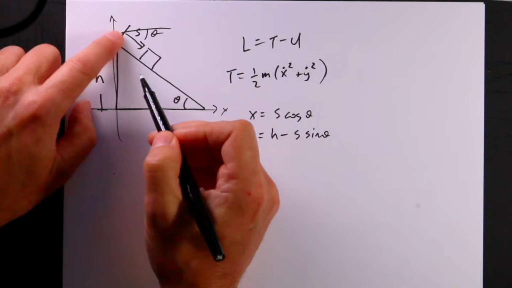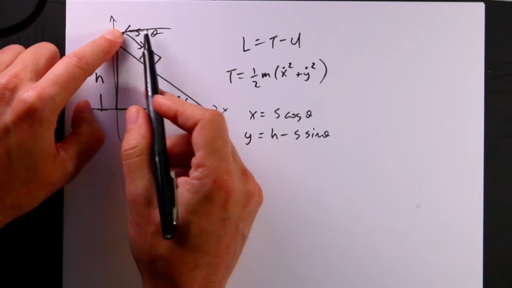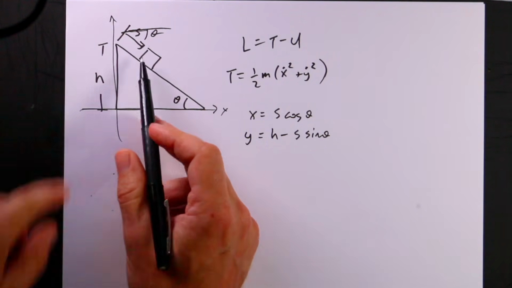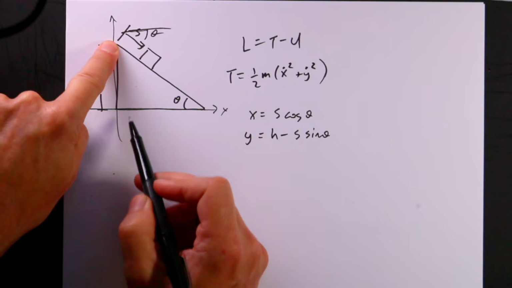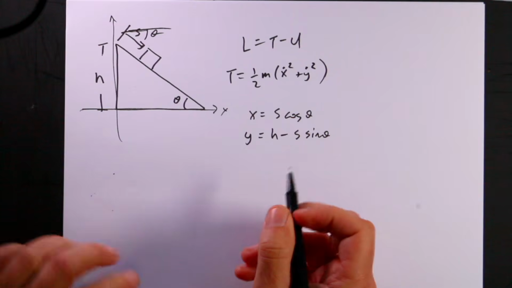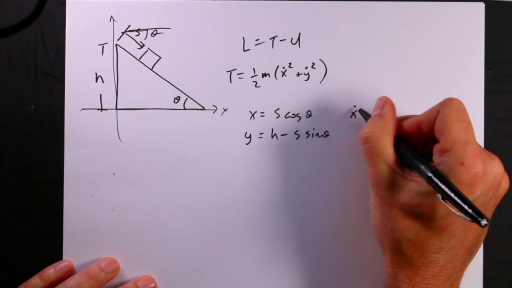Because this is my horizontal component of the distance s, that's my x value. Now for the y value, I start way up here, so I need to subtract the stuff from h.